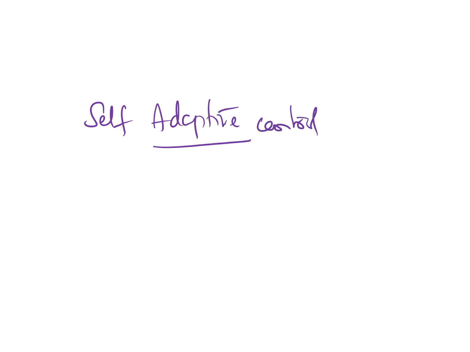Okay. And the next one is self-adaptive control. So what is self-adaptive control? If the process is not known well, we need to evaluate the objective function online using the controlled output values. So how do we do that?